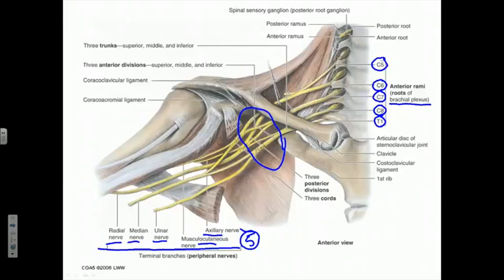And in a way, that's protective, because it means that if there were a traumatic injury that destroyed an entire component of the brachial plexus, let's say a traumatic lesion to the C5 spinal nerve, any muscle that's being innervated by the C5 spinal nerve will still work to a degree, because that same muscle will probably also be innervated by an intermingling of the C6 spinal nerve. So the function of the brachial plexus is really to provide an intermingling to protect the muscles that are being innervated by the brachial plexus nerves.